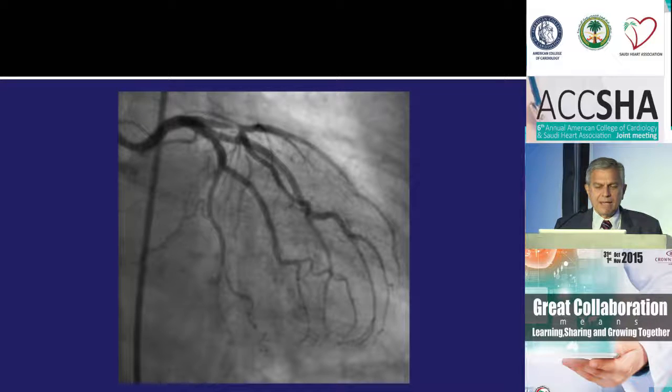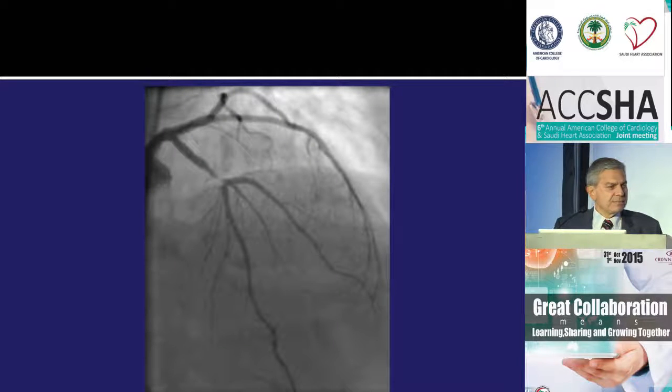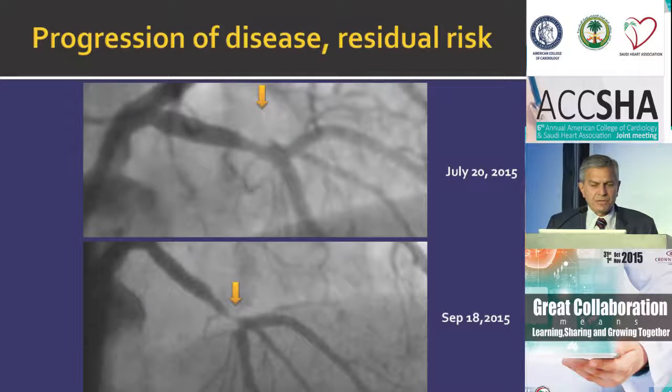So we recathed the patient, and this is the lesion up there. Anyway, you see this lesion right at the bifurcation there. It looks much worse, and you see it here, and it looks much worse.